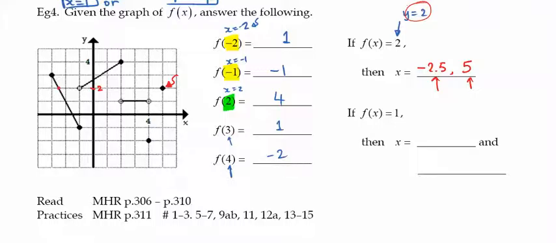So for the last one, this time we have f of x equals 1. Or that means y equals 1. Where do we see positive 1 for the y coordinate? 3 and negative 2. 3 and negative 2? I would just say negative 2. You would just say negative 2? Yes.